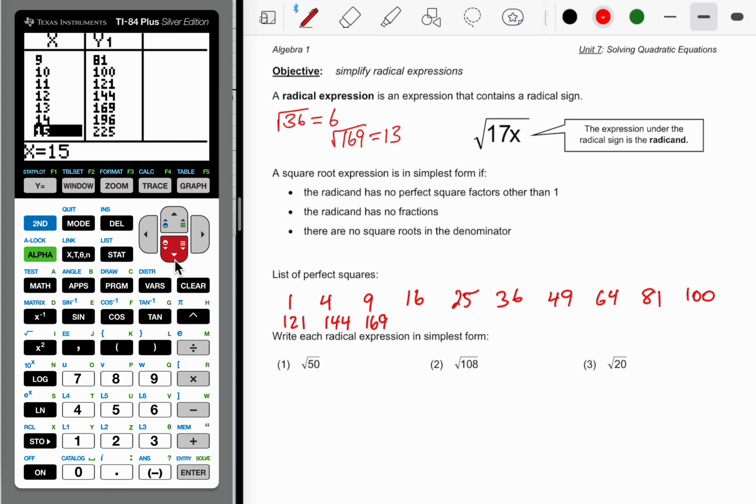I like to have a list up to 15 because those are pretty commonplace. All right, so 196 and 225. All right, and then I skip a few, because you can't be expected to memorize all of them. You use technology if you're looking at some crazy numbers.